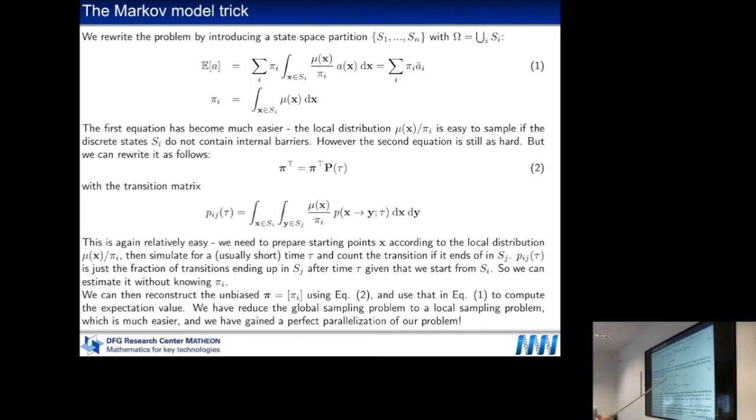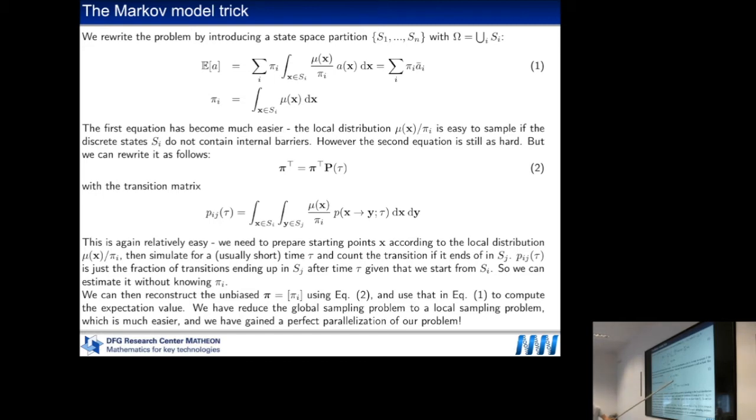So this equation says there is another way to compute pi. Here I just write it as a vector. The t means it's now a row vector. I can write it in the self-consistent equation, which says pi is the equilibrium vector of some matrix P. So this is an eigenvector equation.